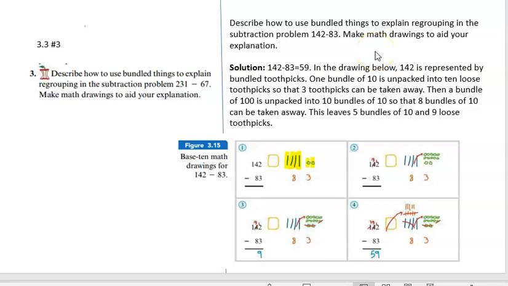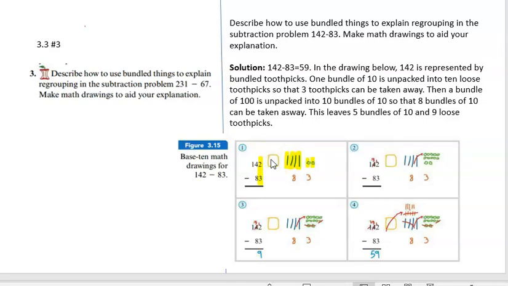We know when we teach students, this is what we tell them to do. First, we line up the place values: ones, tens, and hundreds. We start from the ones place, and we do 2 minus 3, which is not enough.